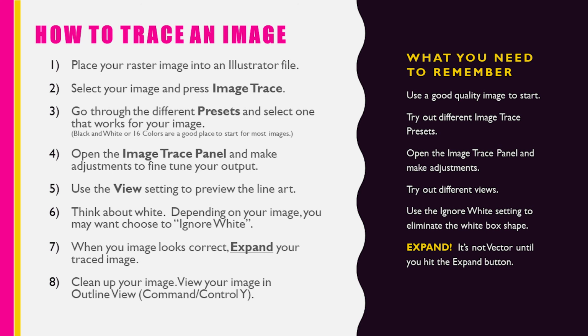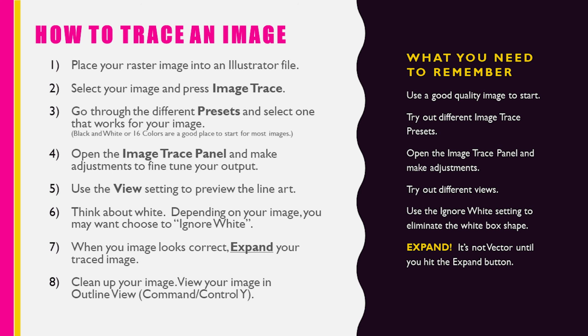So make sure that it's selected with your selection tool, and then you're going to press Live Trace. Be sure that you go through the different presets and select one that works for your image. And then you will open up the Live Trace panel and make adjustments to fine-tune your output. So that's those little details that you can adjust to make your vector come out just the way you want it to. You can always use the view setting to preview the line art.